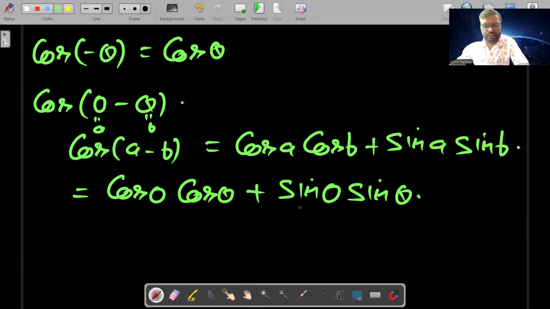This sine 0 is 0, so 0 into sine theta is 0, and cos 0 is 1, 1 into cos theta is cos theta.